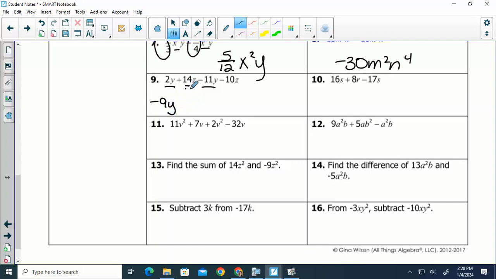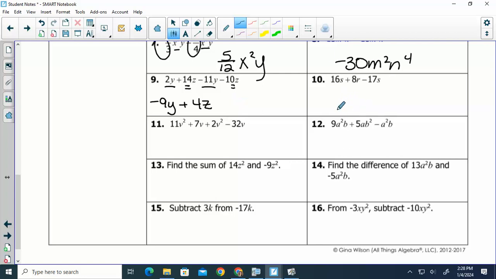And then we do the z's. 14z minus 10z would be a positive 4z. It does not matter if you flip those. If you had 4z minus 9y, that's equivalent. So order doesn't matter, but you have to have the positives and negatives correct in the variables labeled.